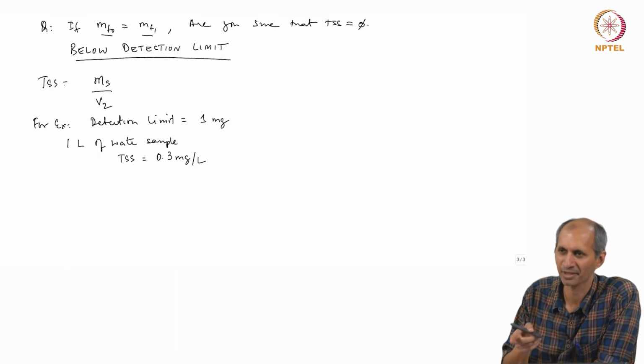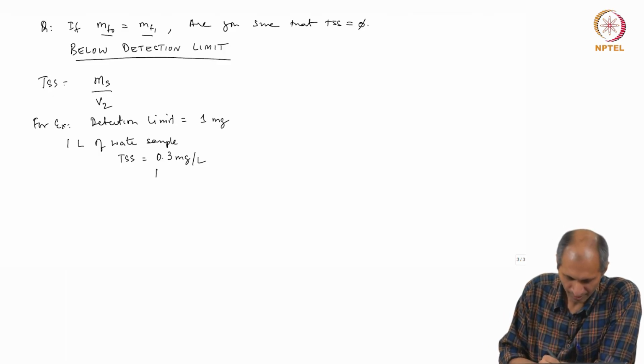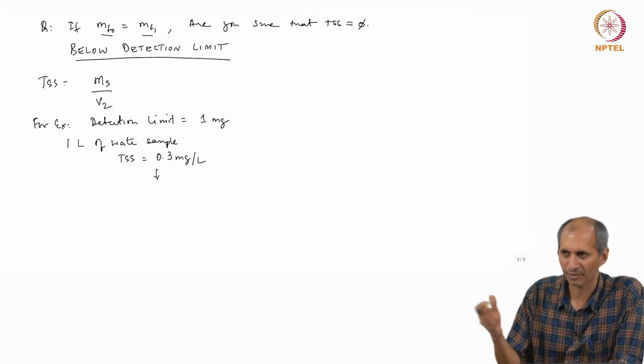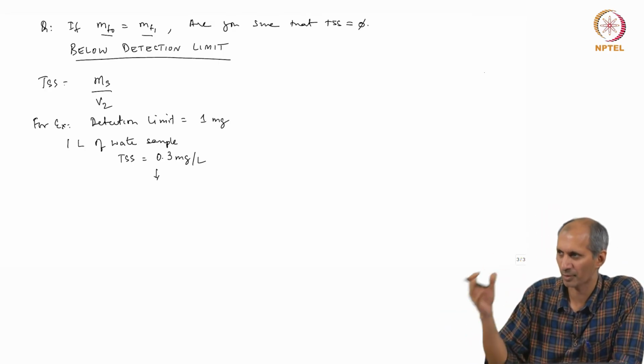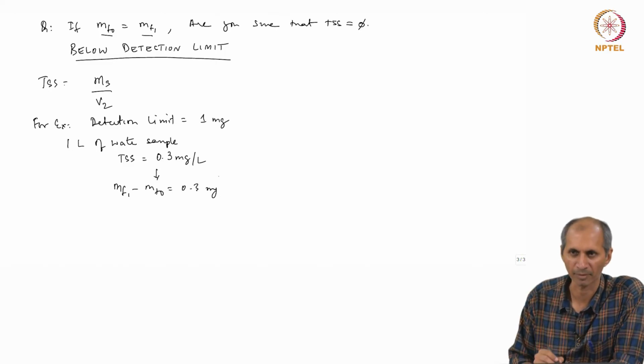Sometimes this 0.5 will fluctuate and show up as 1, that we do not want, so it is 0.3. I know this through some other methods, I have analyzed it, but if I filter 1 liter in a filter paper, I am going to register a weight difference MF1 minus MF0 of 0.3 milligrams, because I am using 1 liter of water sample.